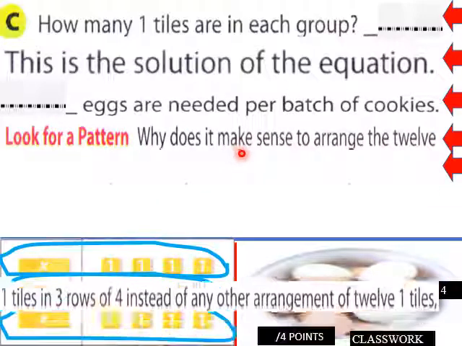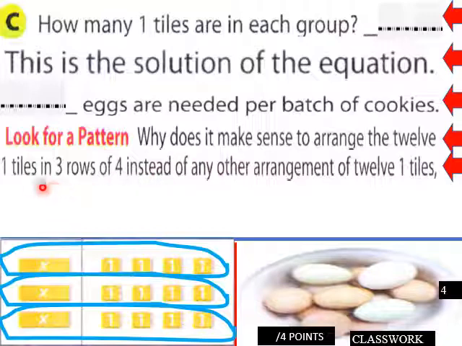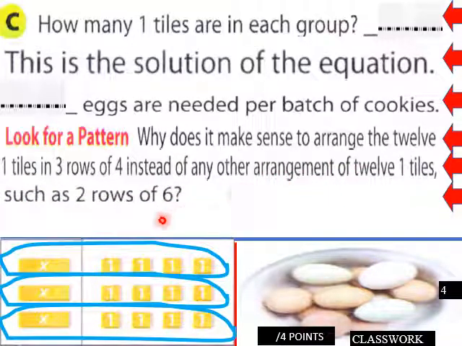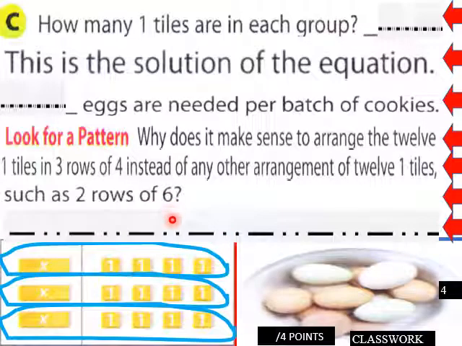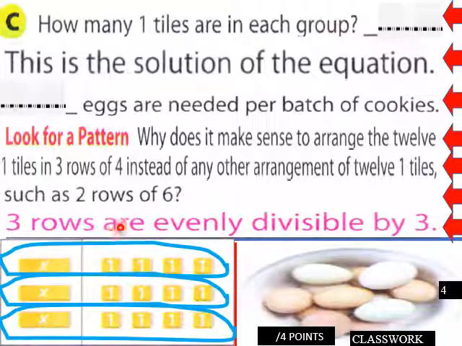Why does it make sense to arrange the 12 1 tiles in 3 rows of 4 instead of any other arrangement of 12 1 tiles, such as 2 rows of 6? Why didn't we do it that way? Well, because 3 rows are evenly divisible by 3.